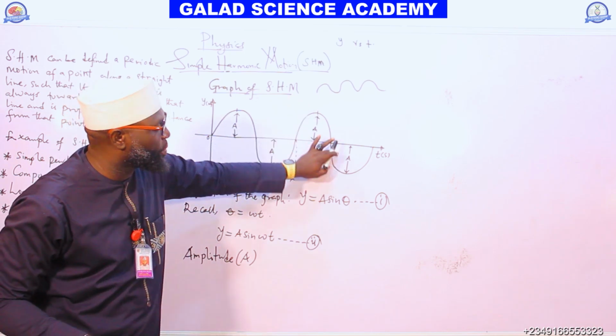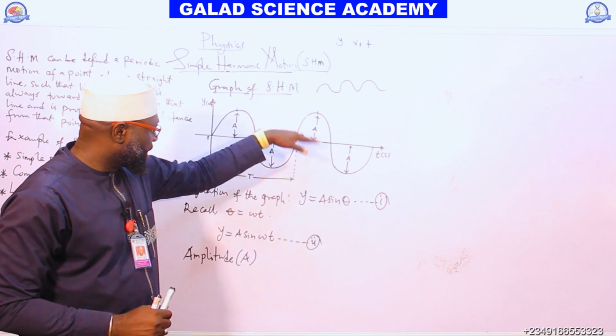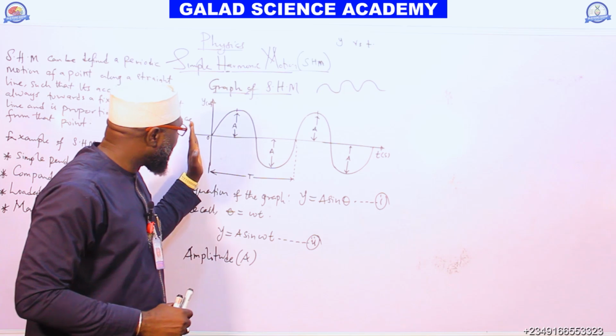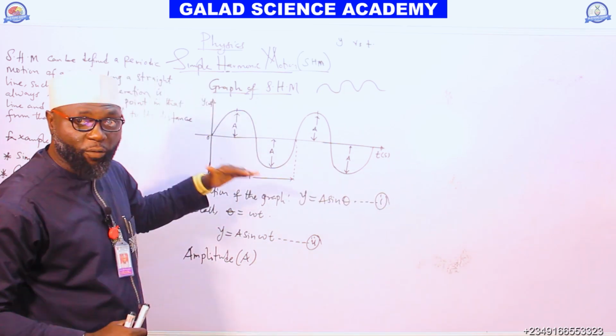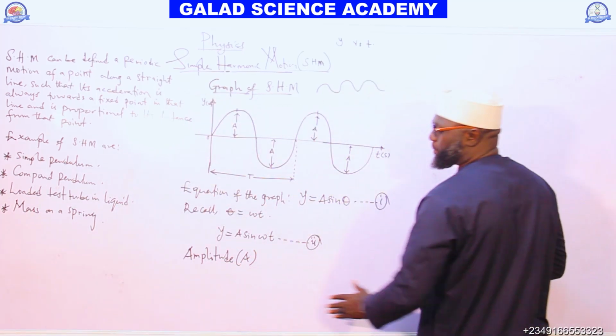This graph is a free oscillation curve, so the graph has the same amplitude throughout.